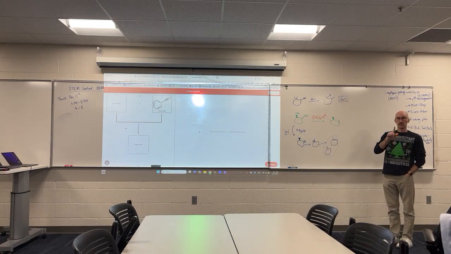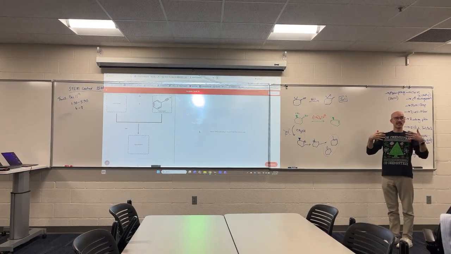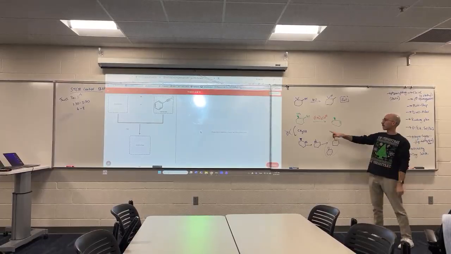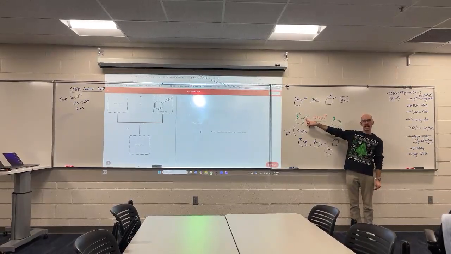However, it does this by E2, which we say is a concerted mechanism. Everything has to happen at once. And the stereochemistry is specific. We say that E2 is anti-periplanar. My leaving group, dashed.